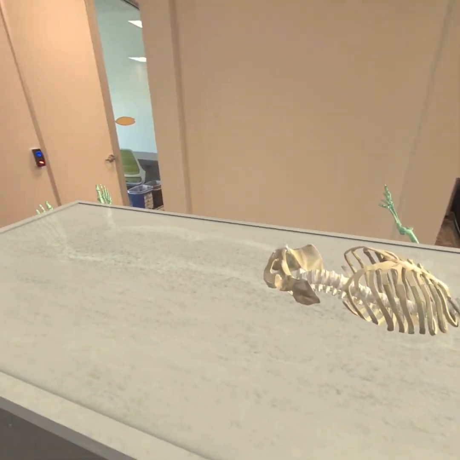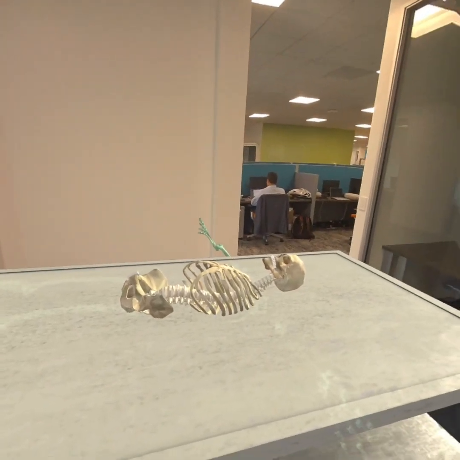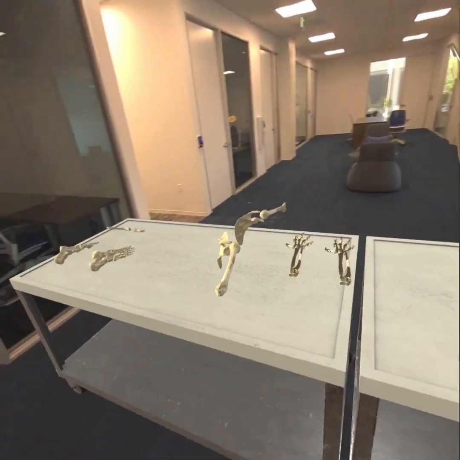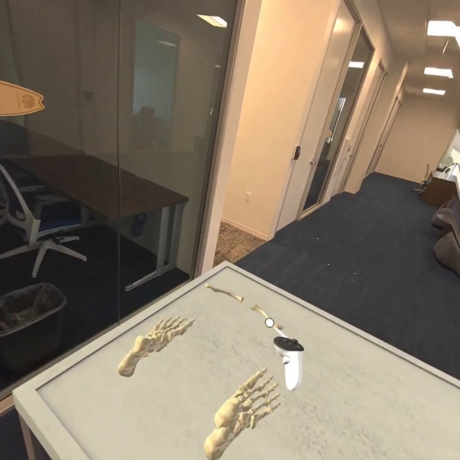Now, as for our skeleton here, could you please continue by picking up the collarbone and bringing it close to the corresponding transparent bone on the table near the rib cage?